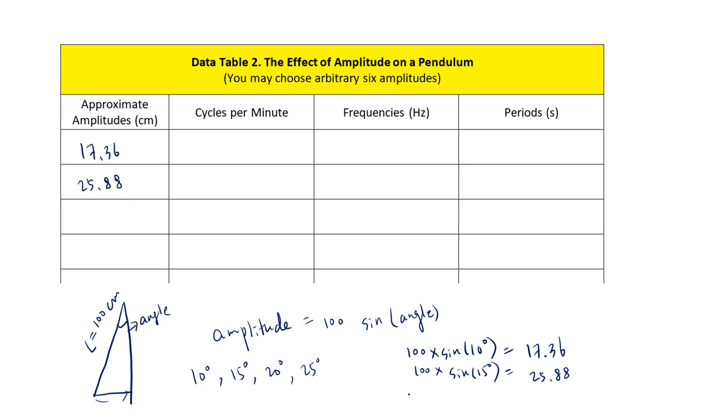Then what about 100 times sine 20 degrees? That is 34.2 centimeter. In that case, 100 times sine 25 degrees.